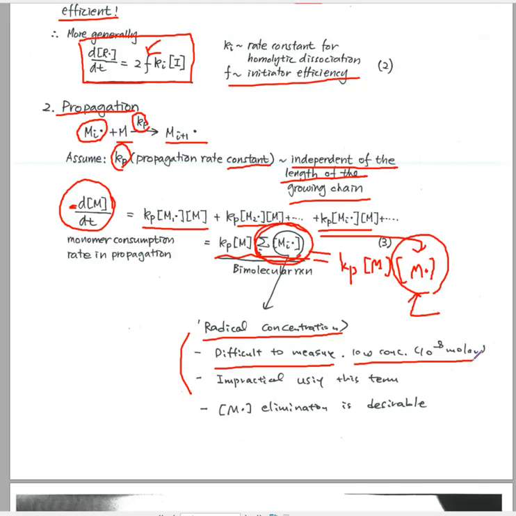There is an experimental method to measure radicals, not really common, but there is. Since the concentration is really low, it's really hard to measure. So it's impractical to use this term to express the propagation rate or the overall polymerization rate. We need to eliminate this term and replace it with other terms. Let's keep this in mind.